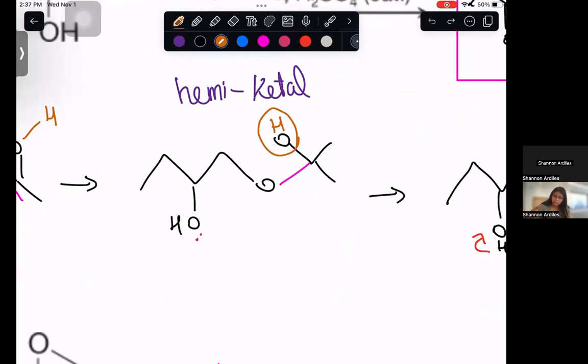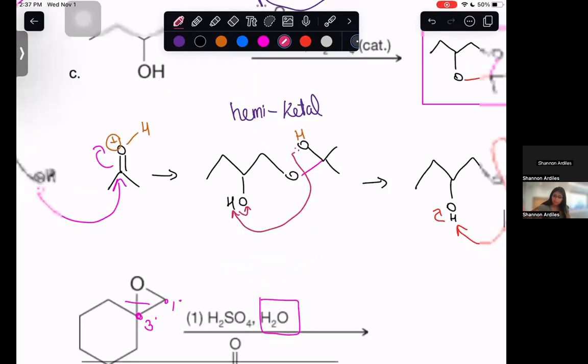So let's see how that's going to happen. To make it a good leaving group, I need to make something that's happier on its own. So this oxygen is going to be getting that hydrogen. So now we're creating water.